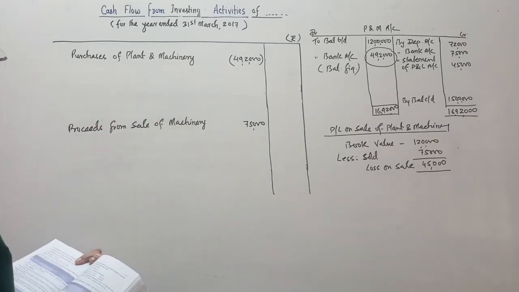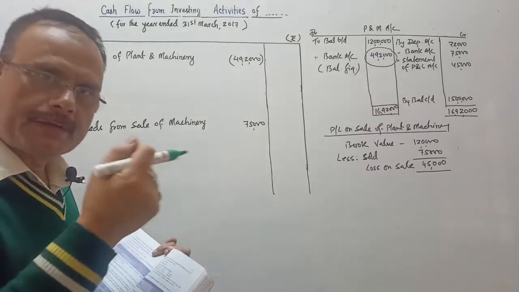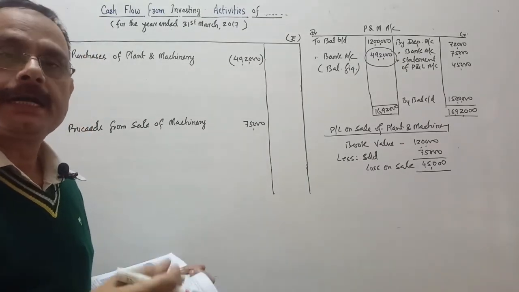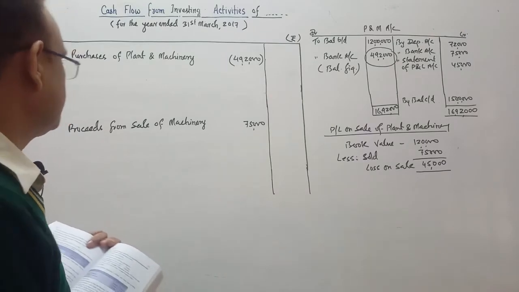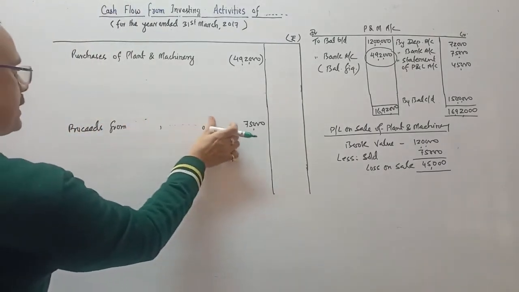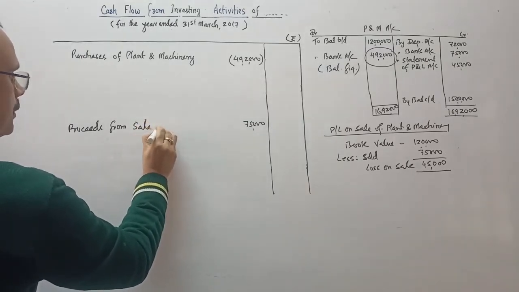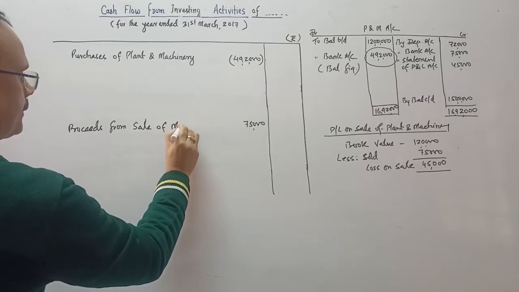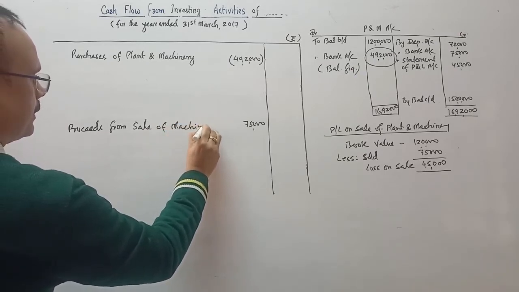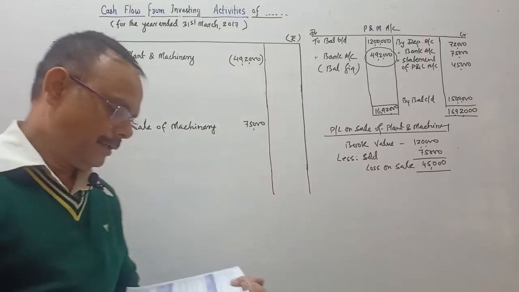When we sell the machinery, this is an inflow of cash and cash equivalents under the investing activities, because we are selling. Proceeds from sale of machinery. Is it clear?